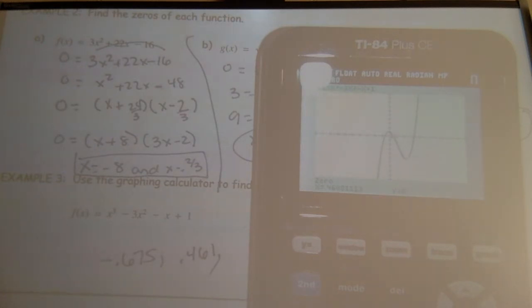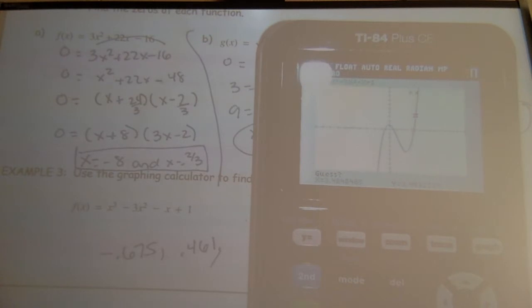And now we have a third one. Second, calculate, 0. I'm to the left, I'm to the right, hit enter again, and you get 3.214.